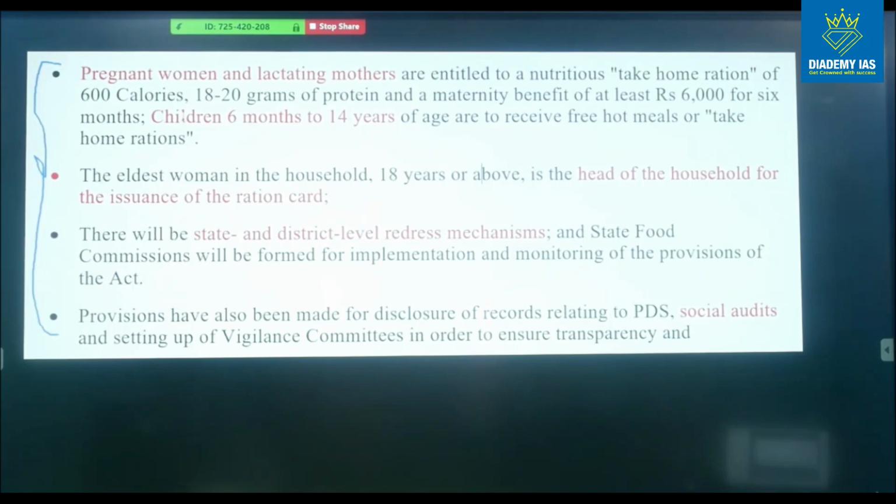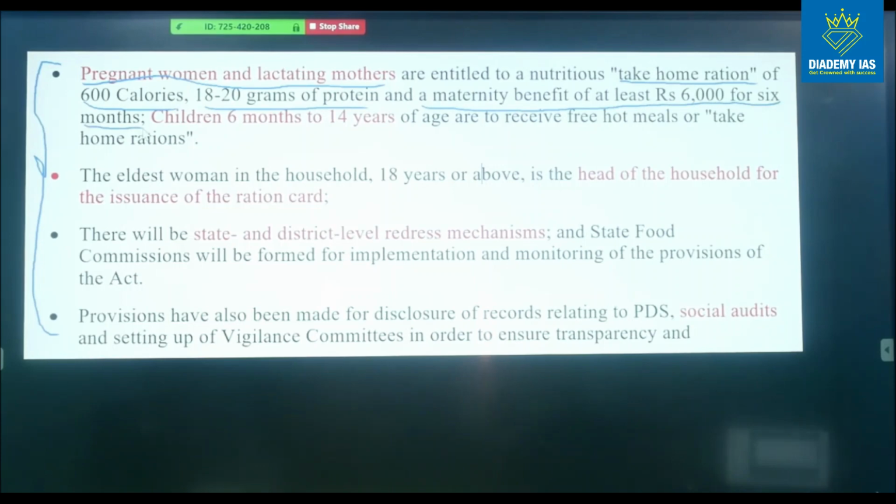So one thing is, pregnant women and lactating mothers are entitled to a take home ration of 600 calories, 20 grams of protein, and a maternity benefit of at least 6,000 rupees for 6 months.